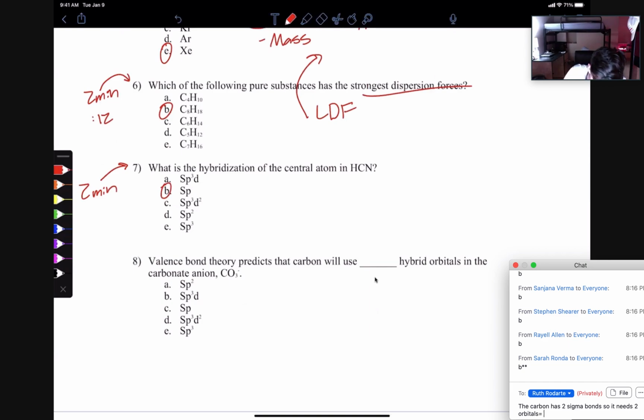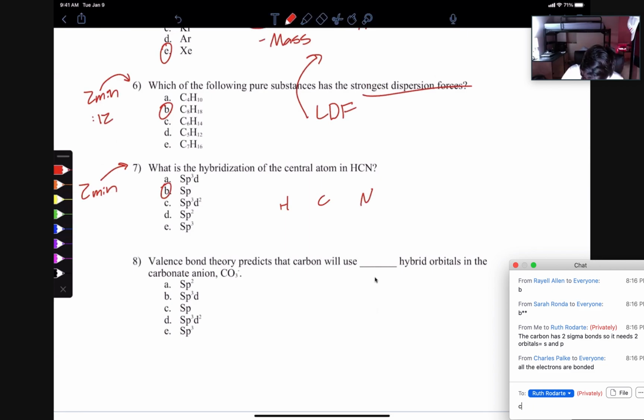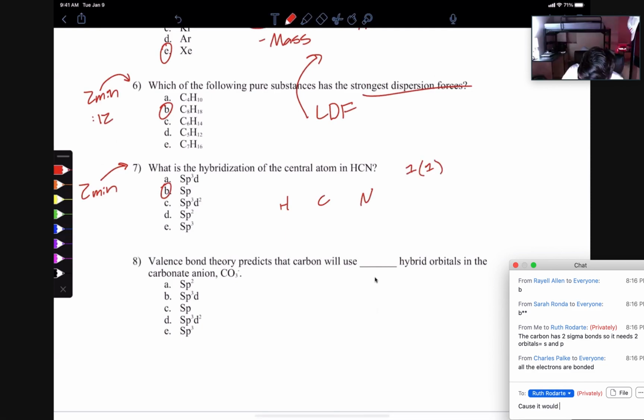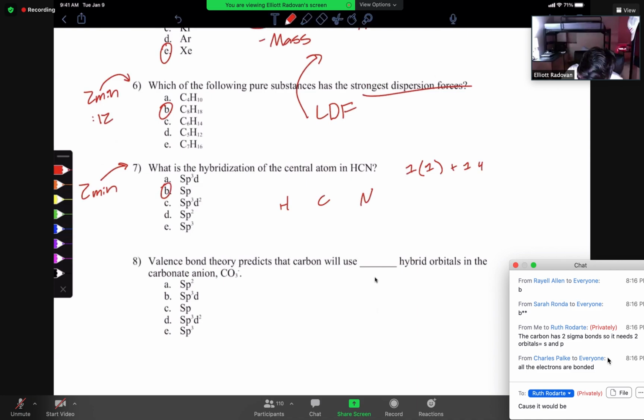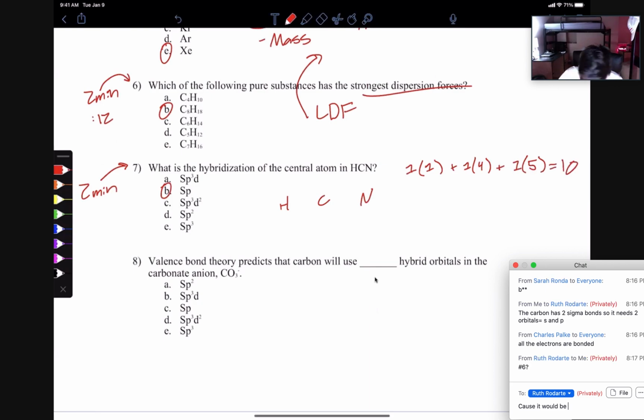This is HCN, so we have a hydrogen, a carbon, and a nitrogen. Counting up our valence electrons, hydrogen has 1, carbon has 4, and nitrogen has 5. So this gives us a total of 10 valence electrons.